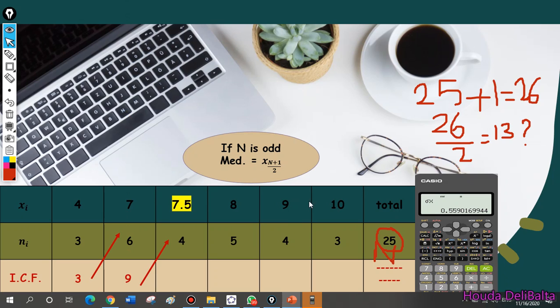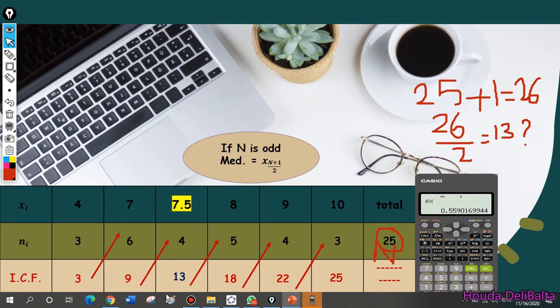Then 9 plus 4 is 13. 13 plus 5 is 18. 18 plus 4 is 22. And finally 22 plus 3 is 25. As you know, the total will be here and here will be nothing. So the total corresponds to the highest value because they are arranged in increasing order, and we are talking about increasing cumulative frequency.